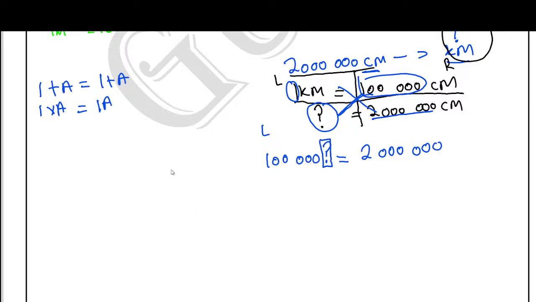Now when we want to remove this, because these two now are one item, in order for us to remove this, we are going to divide by 100,000. Meaning that this 100,000 is going to cancel this 100,000, so that we remain with a question mark.